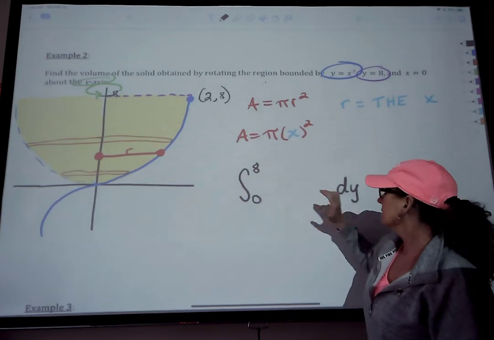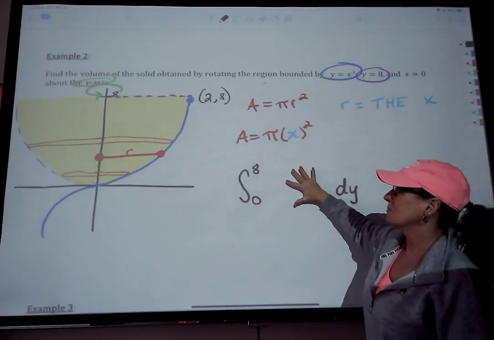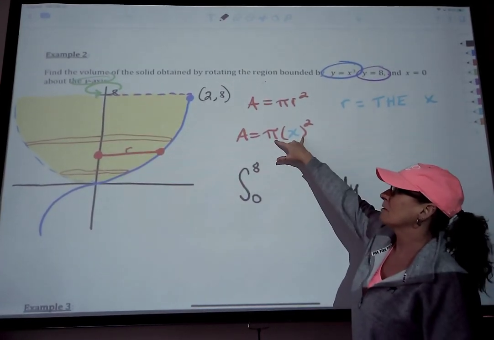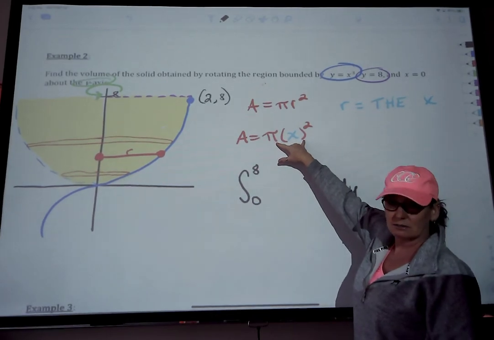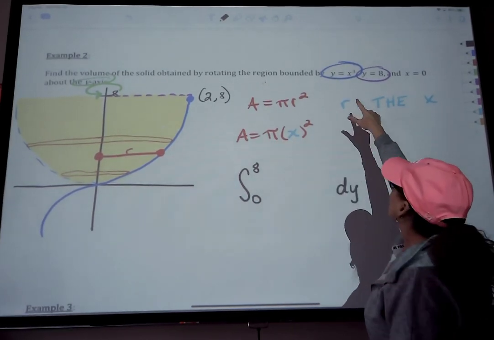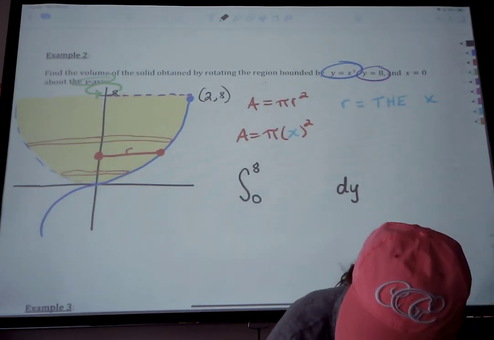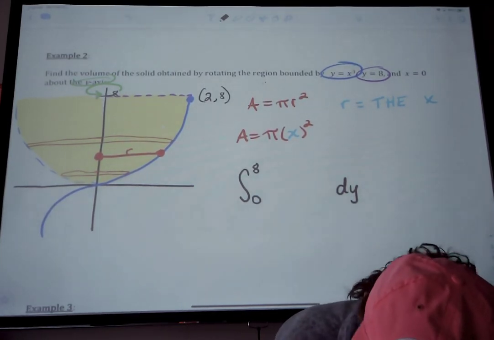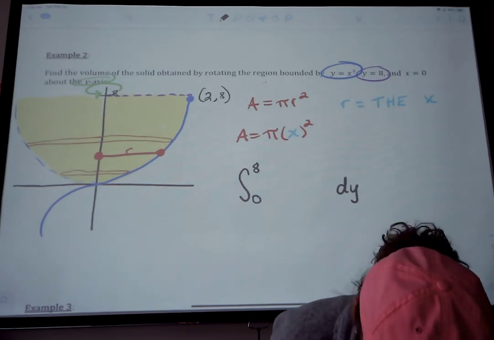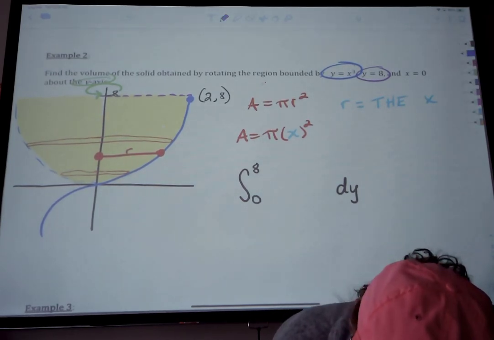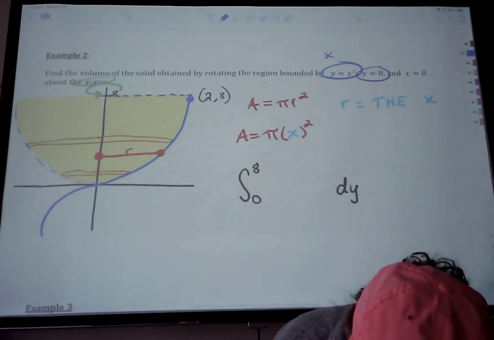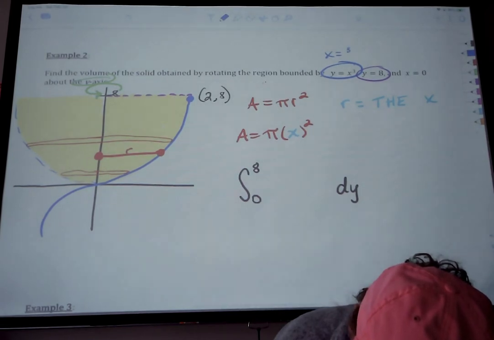This has to be in terms of y, and right now my area isn't. No big deal. Just go up to your function and solve for y. X equals the cube root of y.